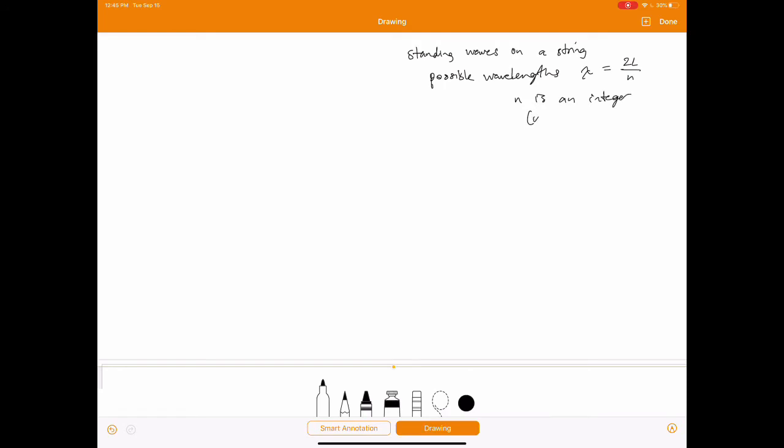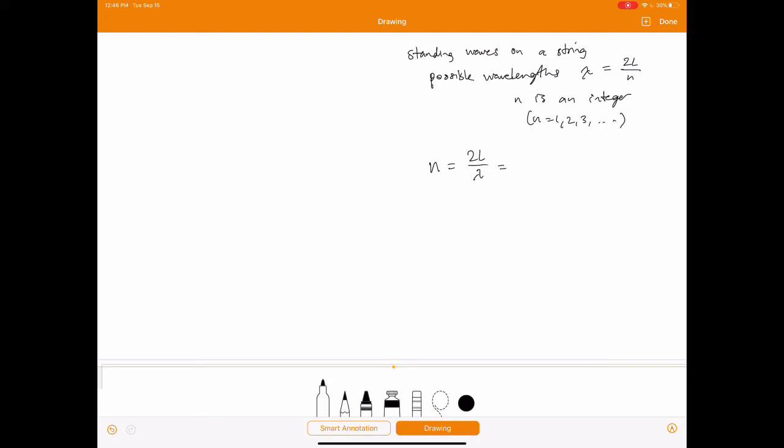So n is 1, 2, 3, or any integer. So what I'm going to do is take the equation and solve for n. N is equal to 2L divided by lambda. And I know that n has to be an integer. So I'm going to take the length of the string L and the wavelength lambda and see if it actually works out to an integer when we do this calculation.